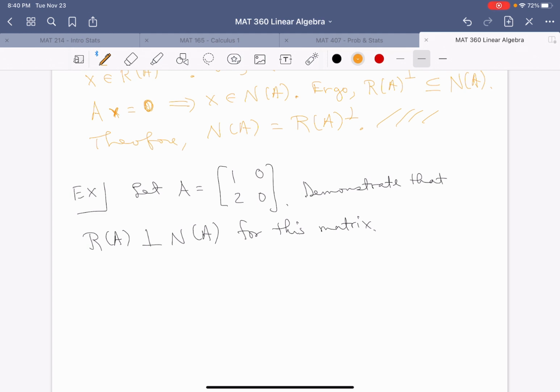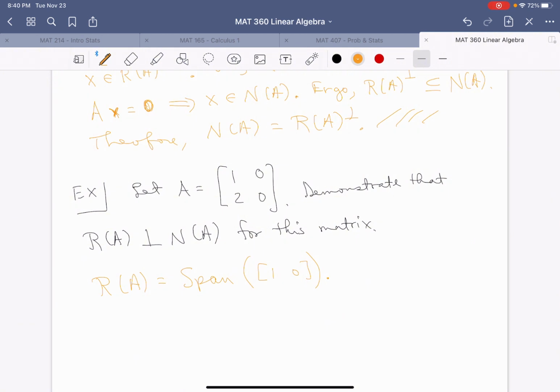If you think about it for a second, it's pretty obvious that the row space of this matrix is just the span of the row vector 1, 0, because in order to get the second row, you just multiply that vector by 2.